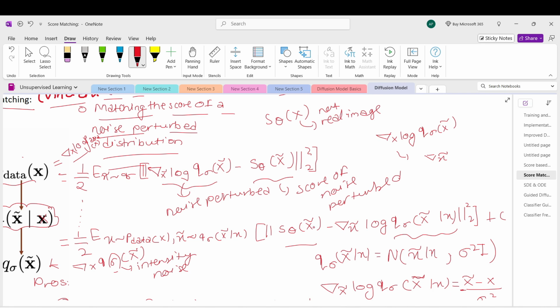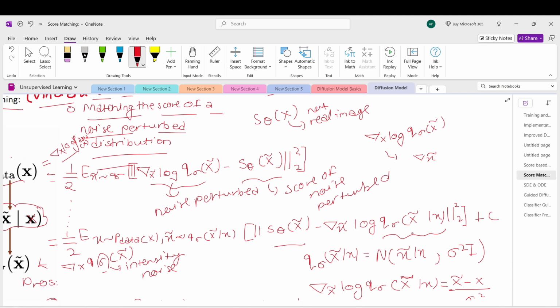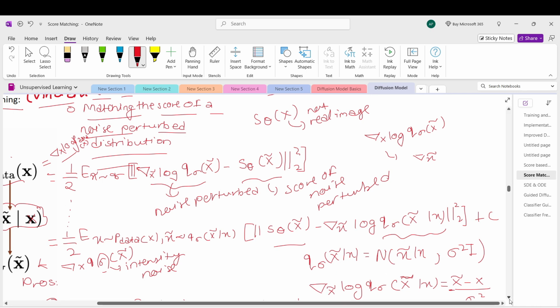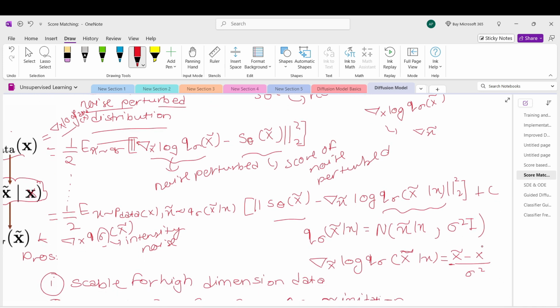This is our score function, and this is our kernel, which is simply Gaussian, with this mean and this variance. It has a closed-form solution, as you can see here: x tilde minus x, divided by sigma squared. So this quantity is now tractable, and we don't have to deal with the other q_sigma of x tilde distribution.